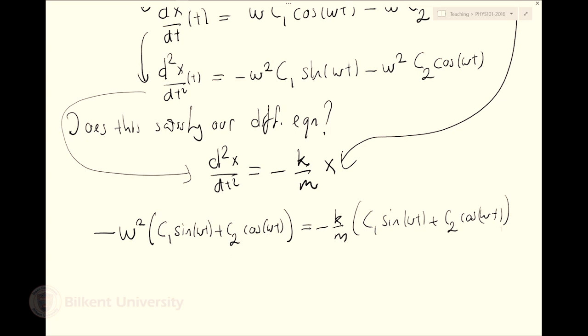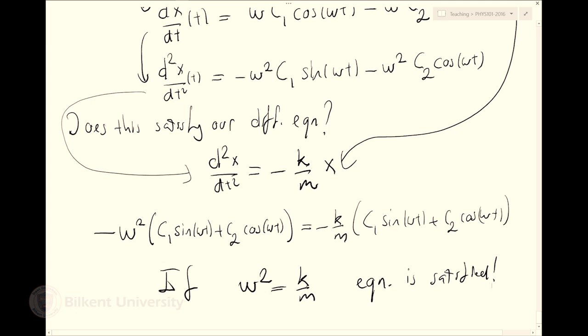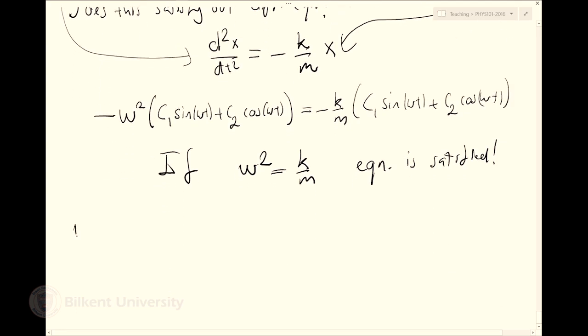Hey, that's great. My guess does satisfy the equation if omega square is k over m. The equation is satisfied. Well, that's great. I already found one of the constants in my solution.